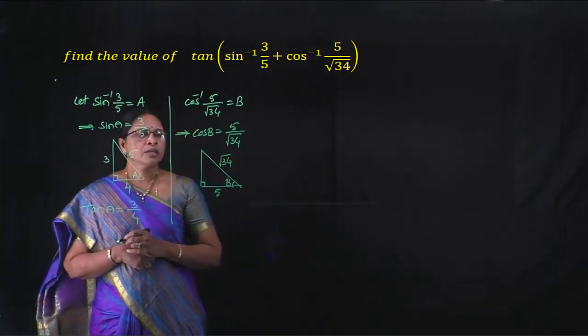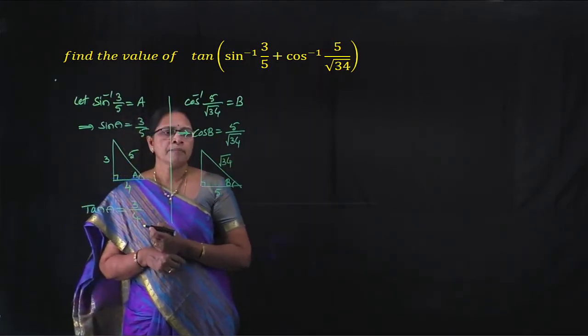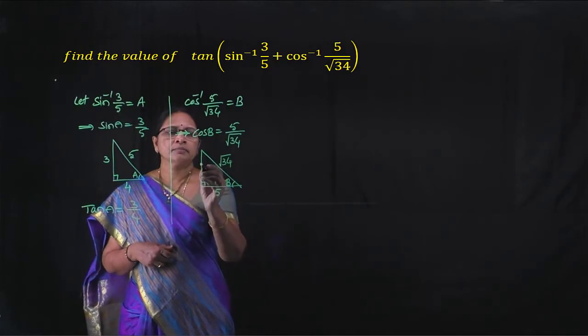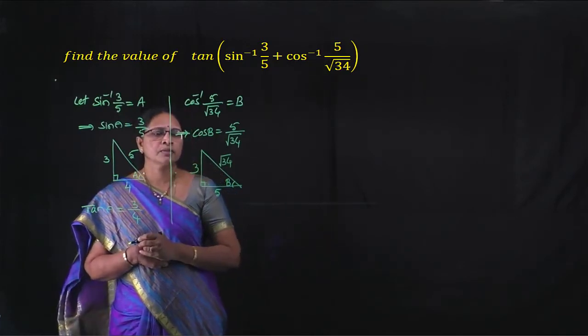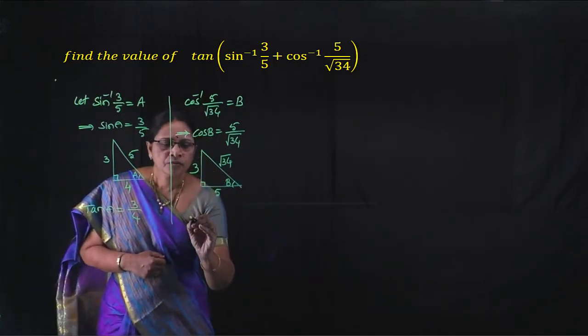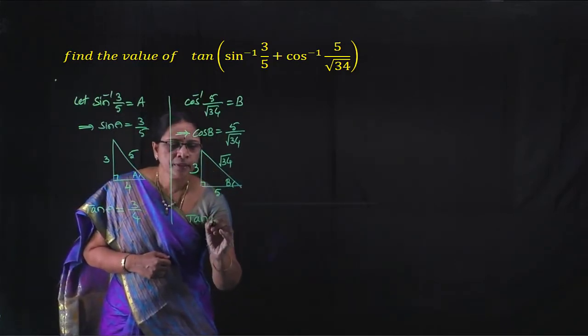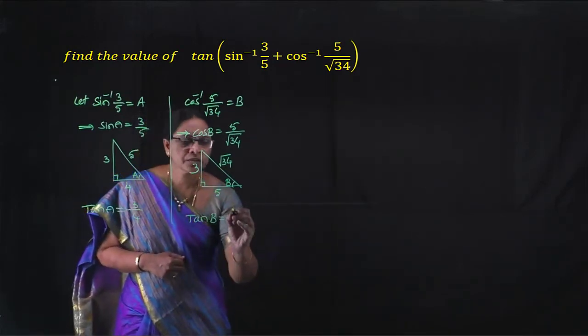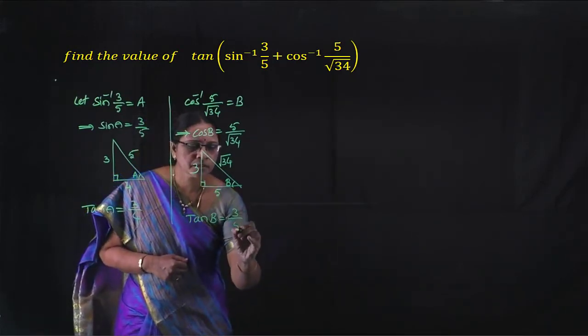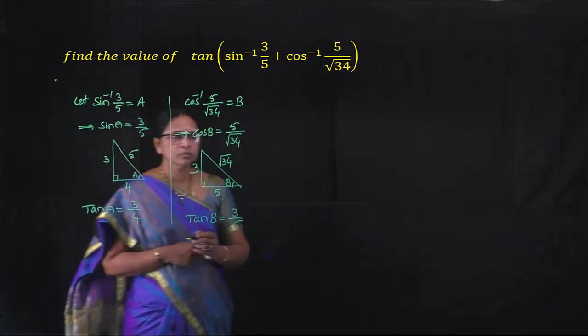From Pythagoras rule, we can find the opposite side, that is 3. Here we can find tan B equal to opposite side by adjacent side, that is 3 by 5.